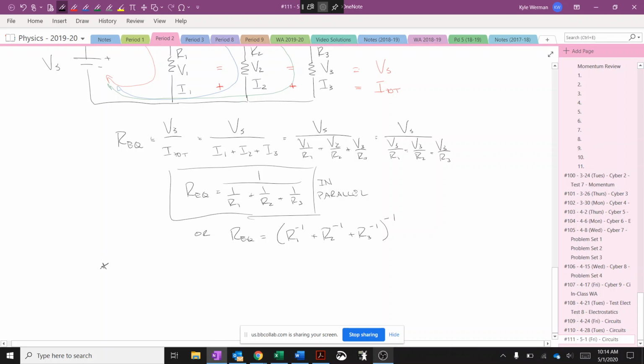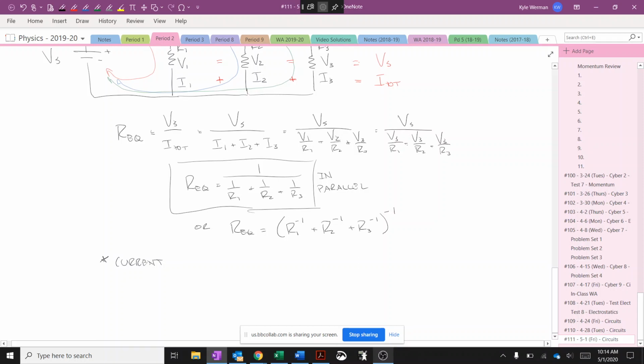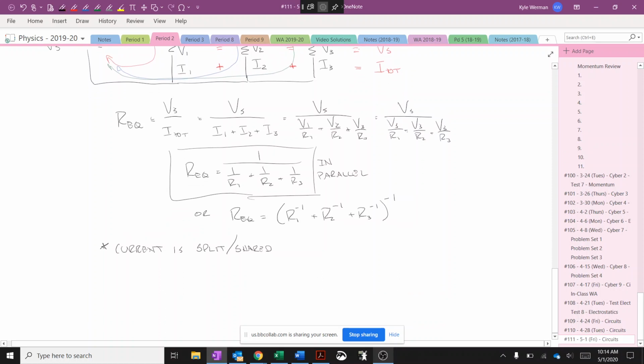So again, current is going to be not constant now, whereas it was constant in series, but now current is the one that is split or shared. And again, it's going to depend on how long it takes to get through those toll booths.